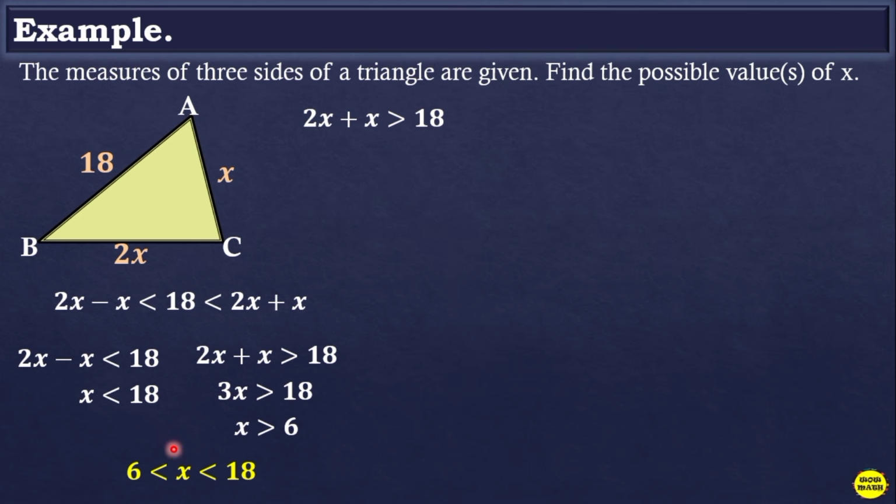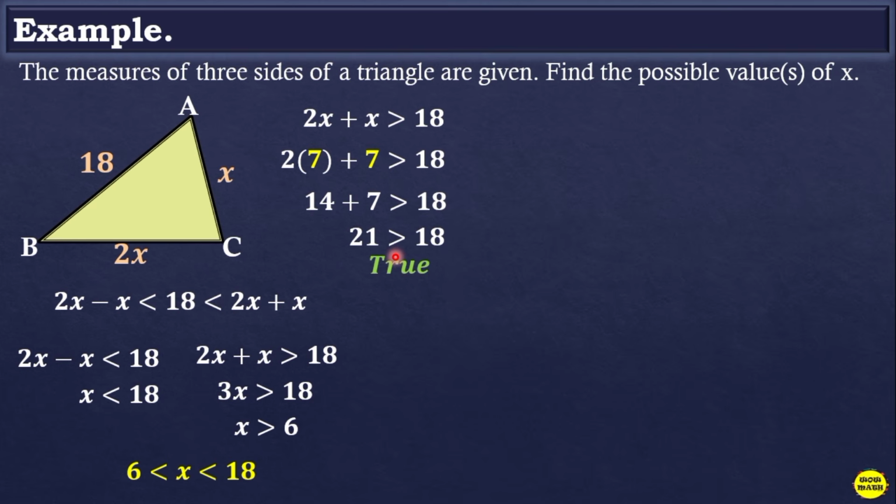So, pwede natin gamitin si 7 kasi greater than 6 but less than 18. So, 7. Substitute natin si 7. So, this is 14 plus 7 is greater than 18 and this is 21. So, as you can see, this is true. Okay, let's have another pair using the same value of x. Let's use 18 plus 2x is greater than x.